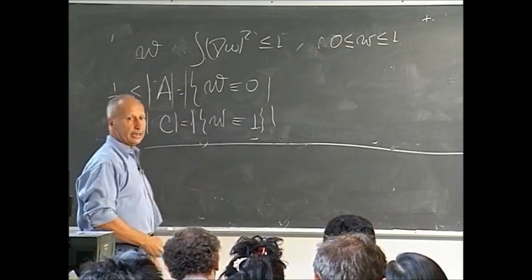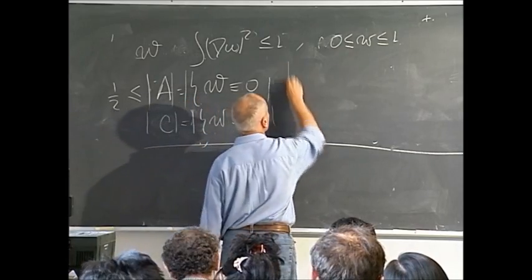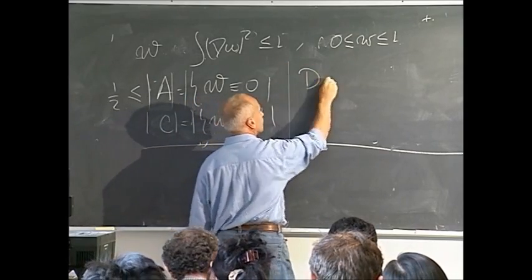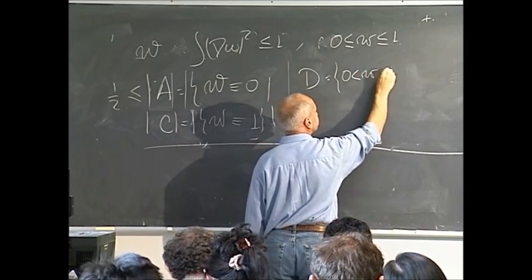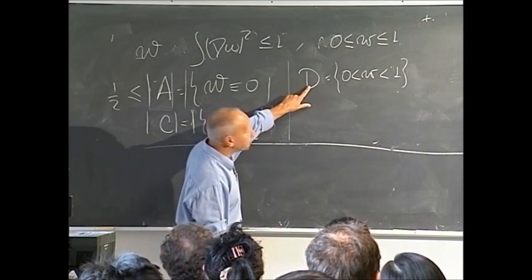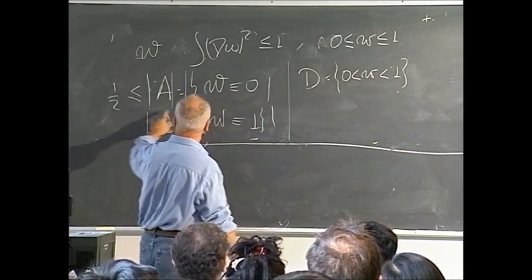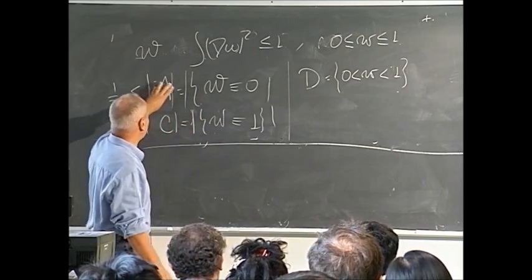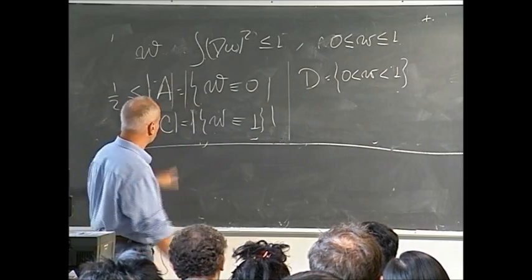Okay. And I have the intermediate set D. So D is the set where W is strictly between 0 and 1. And I want to get a bound from below on the measure of D in terms of, let's say, the measure of C. I'll fix A to always have measure bigger than 1/2.